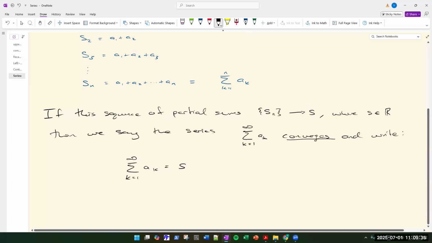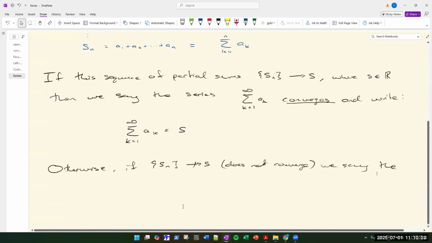Of course, this does not always happen. Otherwise, if the sequence of partial sums does not converge to S, so does not converge, we say the series diverges.